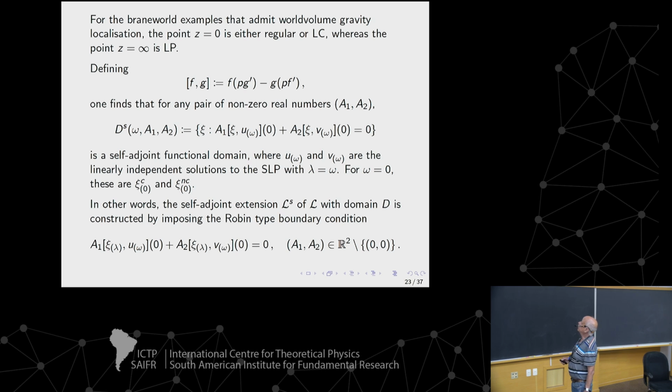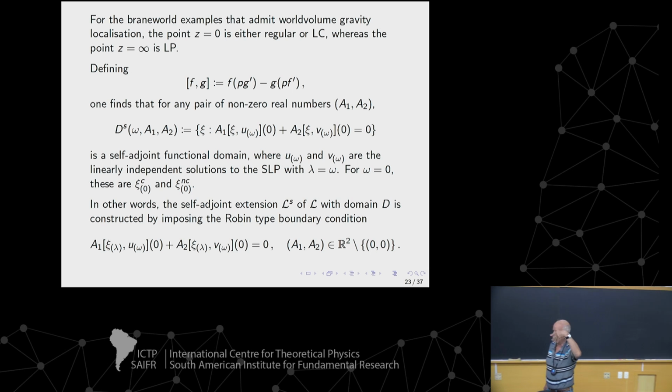So for the brane world examples that admit world volume gravity localization around 0, z equals 0 is either regular or limit circle, but at the point at infinity, I remember we had to throw away that rising exponential, we didn't want that. So it's going to have one solution that works out there in order to be integrable, that you anticipate. It's also possible for it not to work at all.